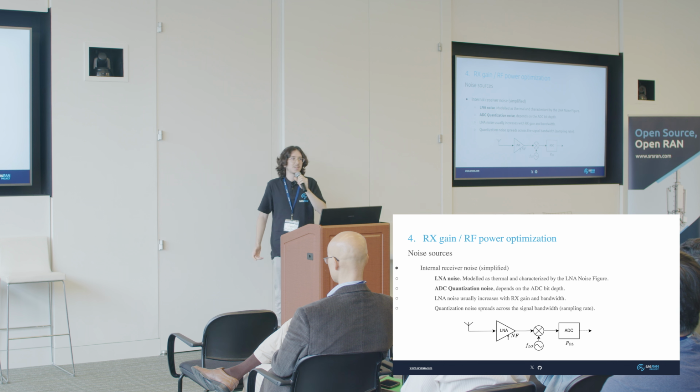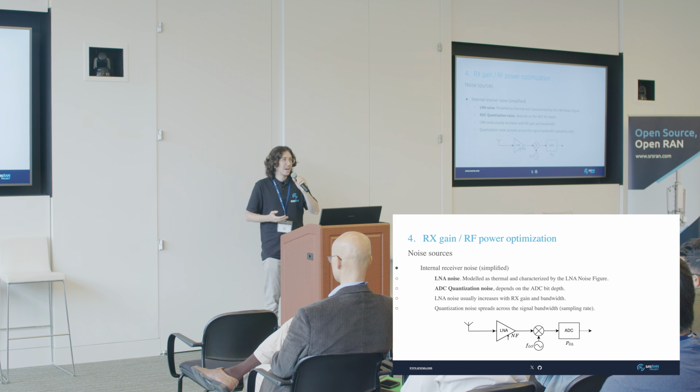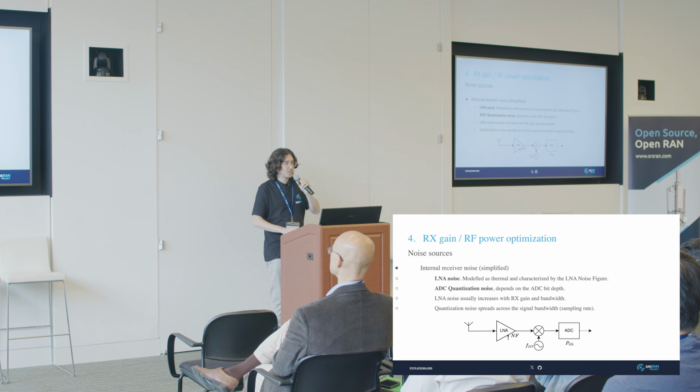So this includes the noise of the LNA itself, because most of the times, and it's a valid way to model noise, we model the noise introduced by the LNA as a noise source that is present at the input. So this means that if I increase the gain, I'm actually also increasing some components of the internal noise that I see in a receiver chain.